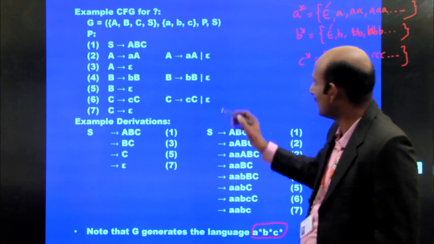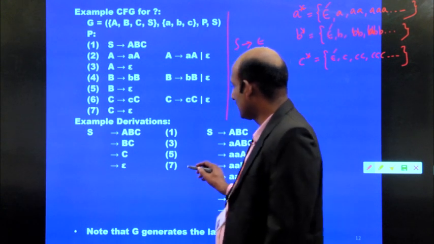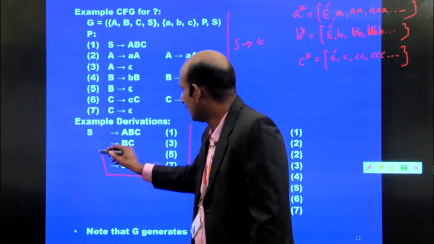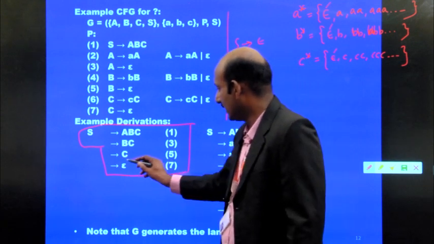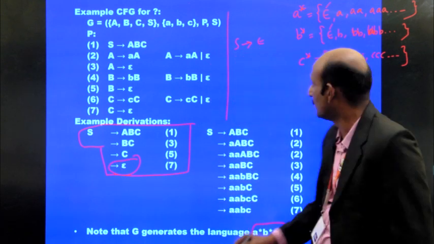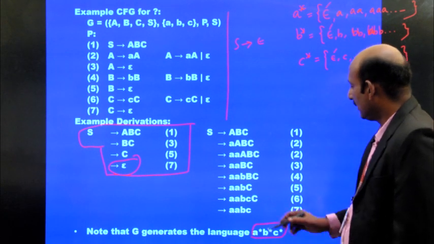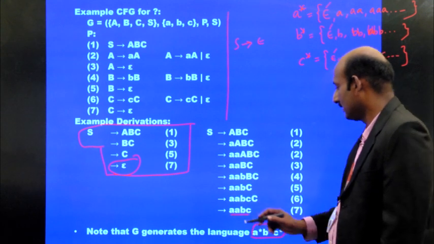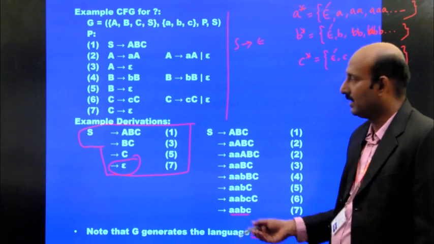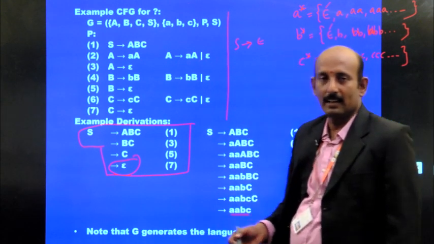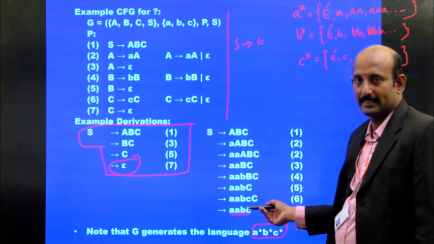So what about the S production? The S generates epsilon, as per this replacement. If you apply different production rules repeatedly, then the strings get varied.